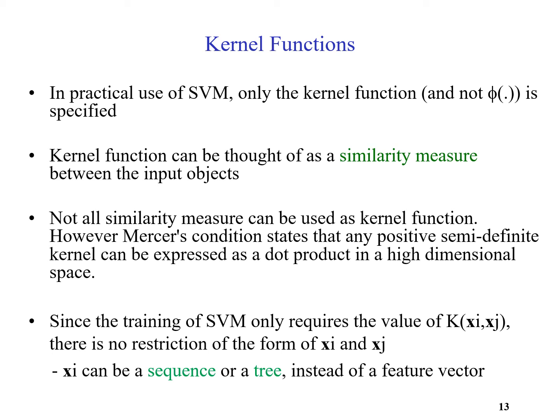That being said, this is a big advantage of SVM. As long as you can come up with a similarity measure of the structure and that similarity measure satisfies Mercer's condition, then you have no problem applying SVM to that particular data structure. That's the big advantage of using SVM.